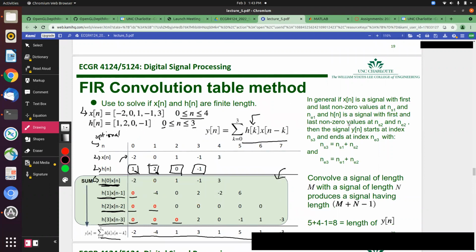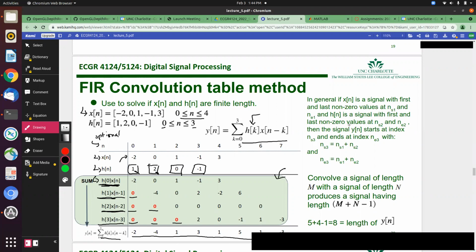If you swapped x and h, it would go from 0 to 4, and then instead of having 4 rows and 5 columns, as in this case, you would have 5 rows and 4 columns. Does that make sense? That's how you get the same numbers. You might want to even try it just to check.